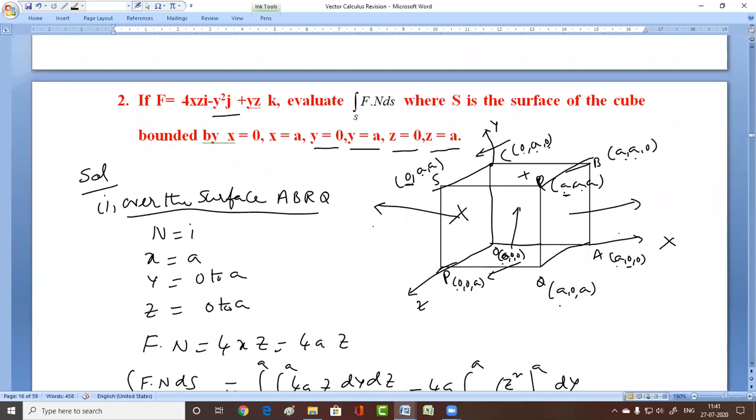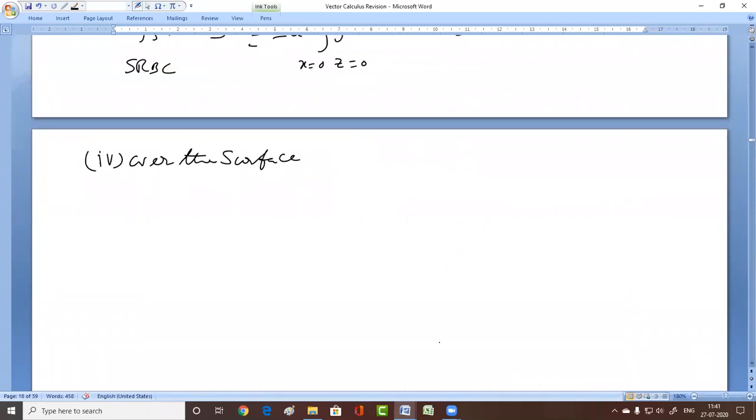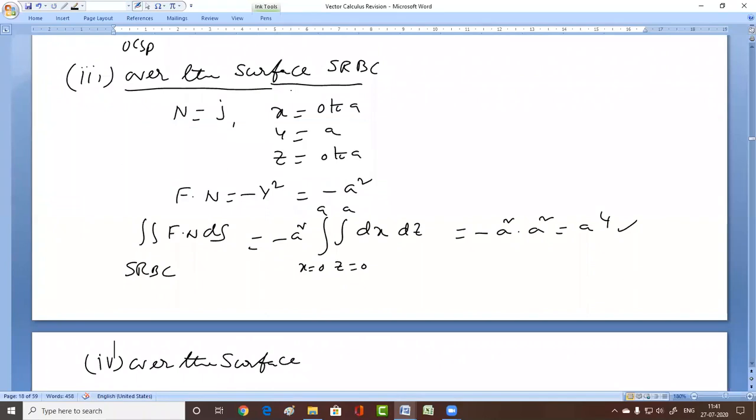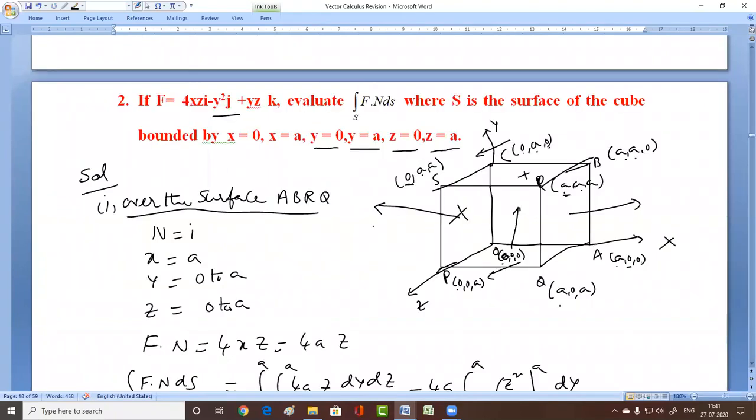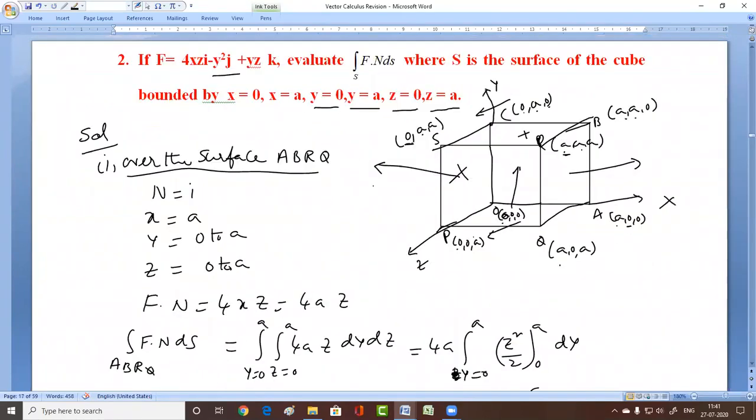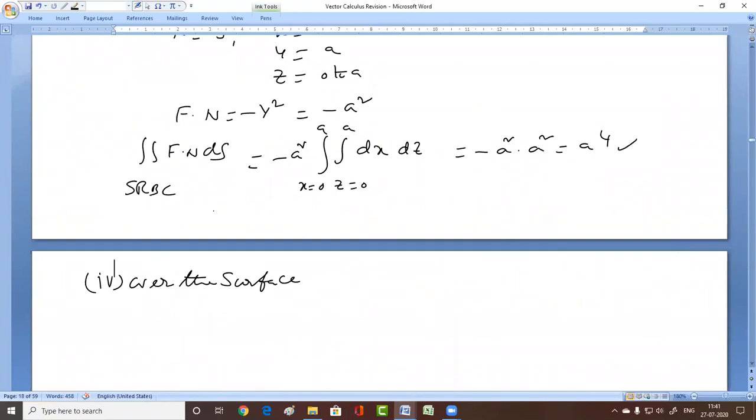Okay, wait, one more. The fourth one is not completed. SRBC bottom. PQAO. Then we will discuss the remainder. PQAO.